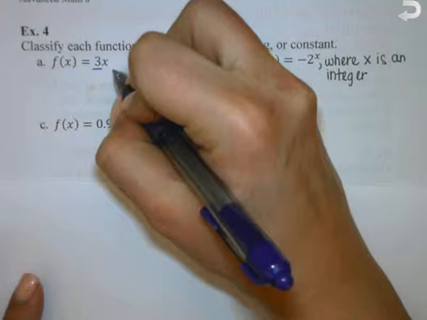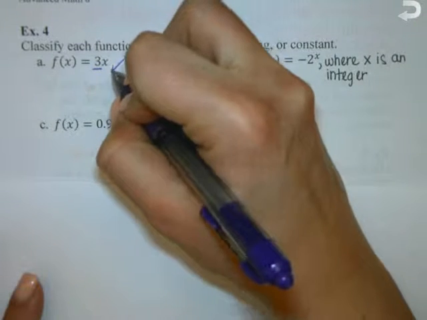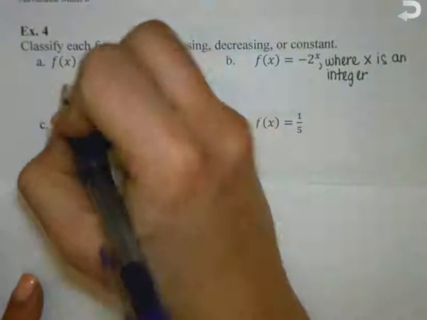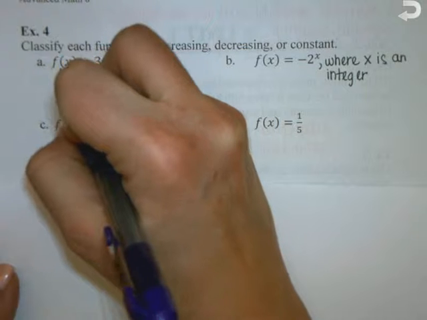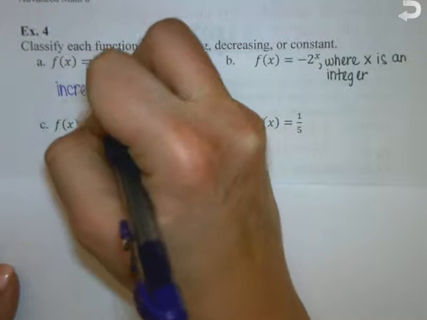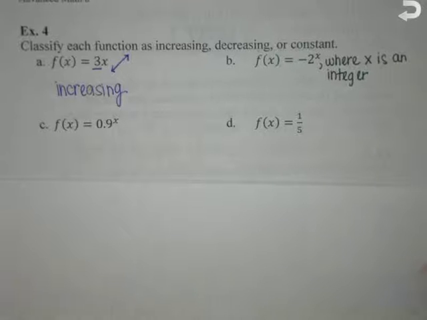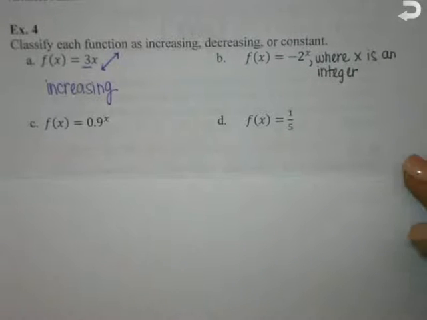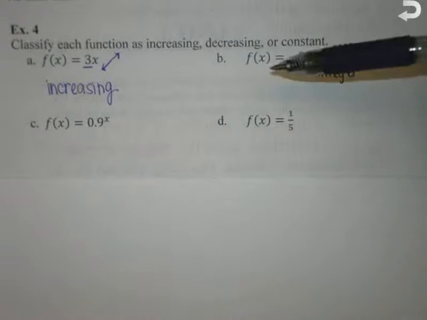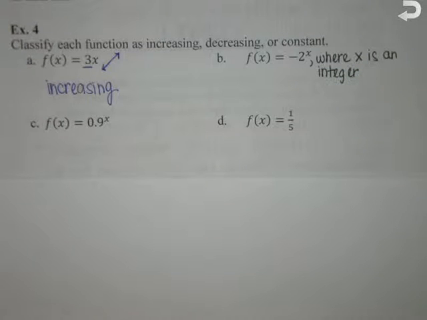So it's going to be a line that looks something like that, and it is increasing, because it's a positive number. If it was negative 3x, that would be decreasing.